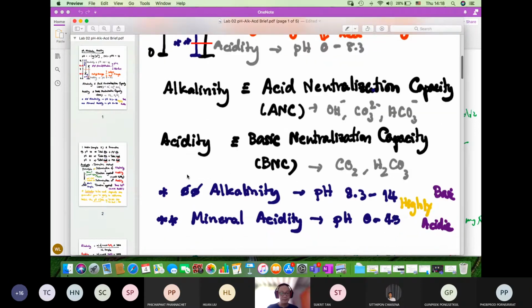Acidity is the opposite of alkalinity. If alkalinity is the acid neutralization capacity, then acidity is the base neutralization capacity. The major cause of acidity is dissolved carbon dioxide. It may exist in the form of CO2, or in the form of carbonic acid, which is carbon dioxide associated with hydrogen molecules.